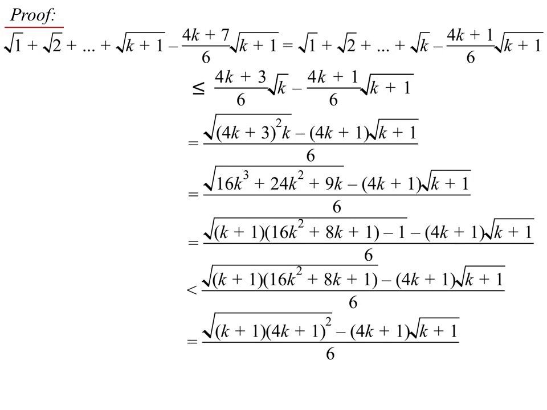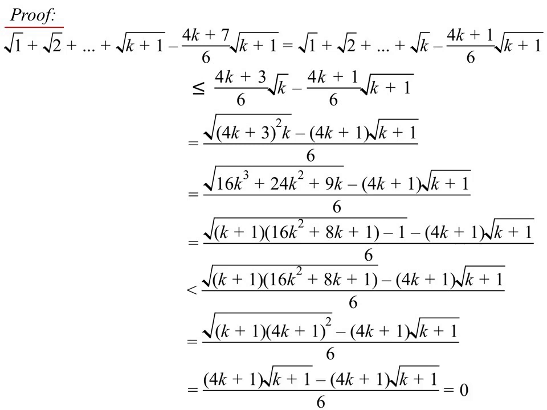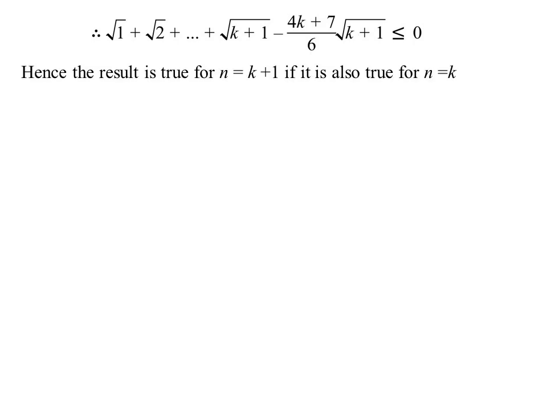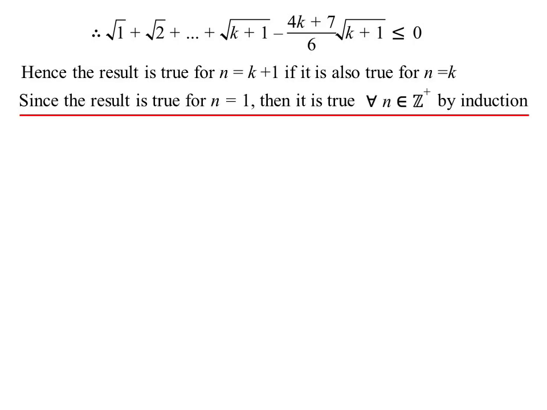And it happens to turn out to be 4k plus 1 squared. I can simplify the surd and look what we've got. 4k plus 1 root k plus 1 minus 4k plus 1 root k plus 1, that's 0. And that was what I was trying to get. So yes, that is what we want. Hence it is true for k plus 1 if it's true for k, and then we can induce it. And there's our inductive proof.